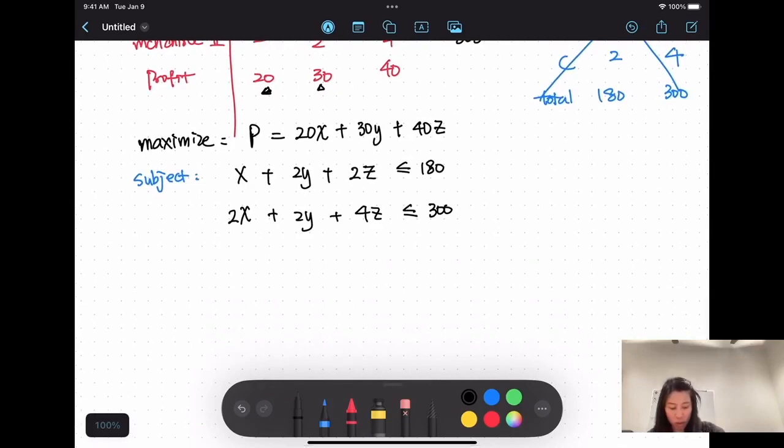by solving this, you will have X equals 120, B equals 13, C equals 0, and the total profit is going to be 13,300.